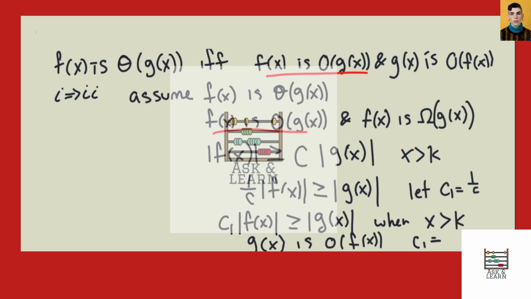So we have our c1 is equal to 1 over c. Okay, so that takes care of this second condition. So this way, if f of x is big theta, then it implies f of x is big O of g of x and g of x is big O of f of x.